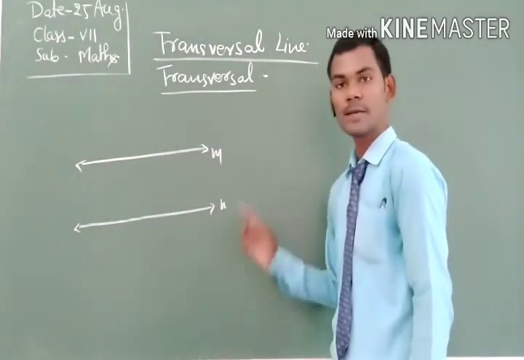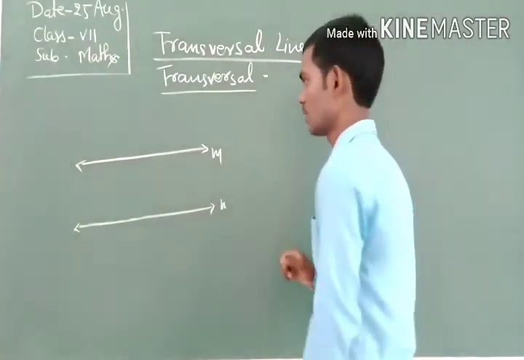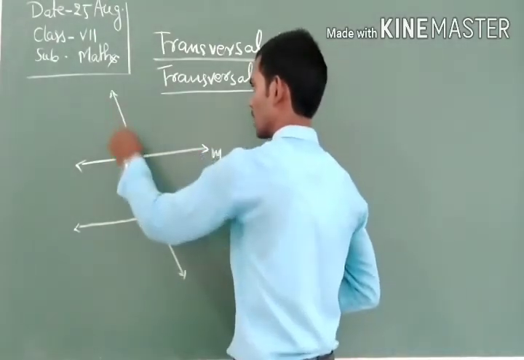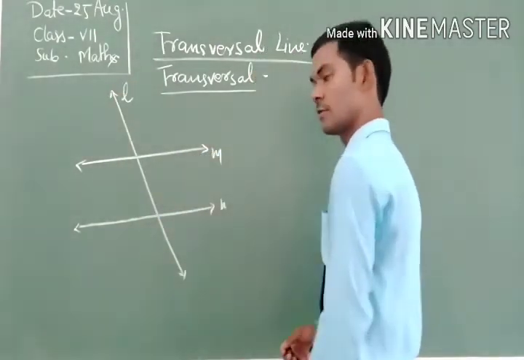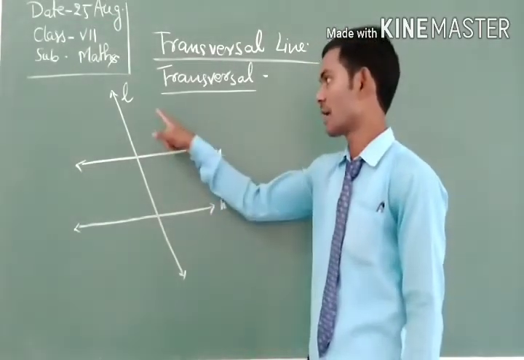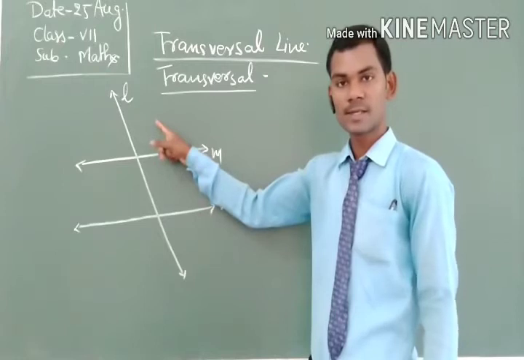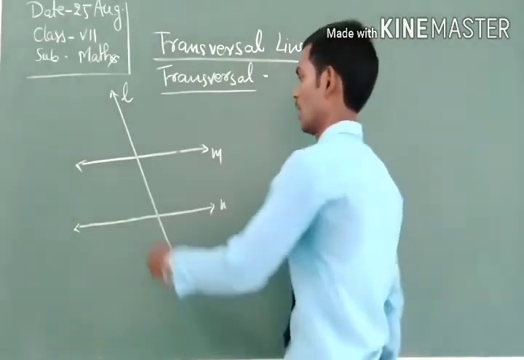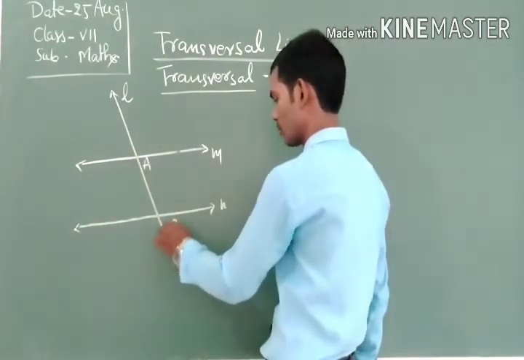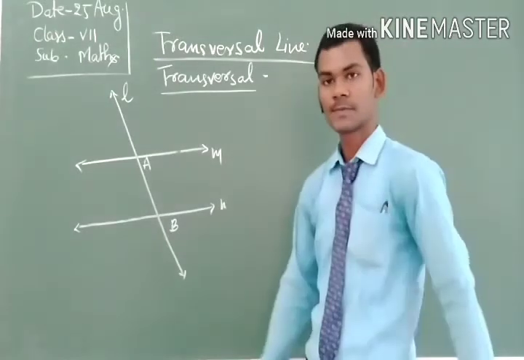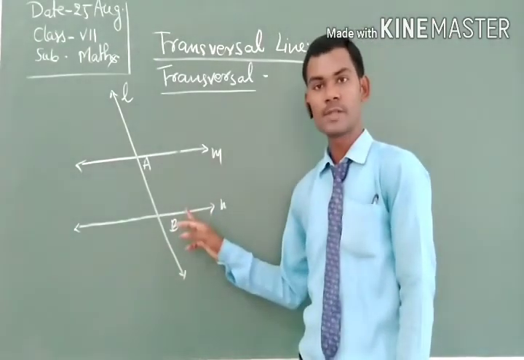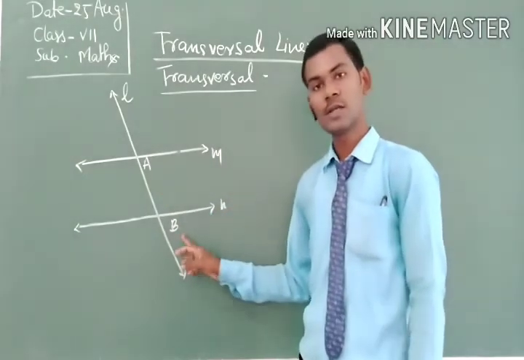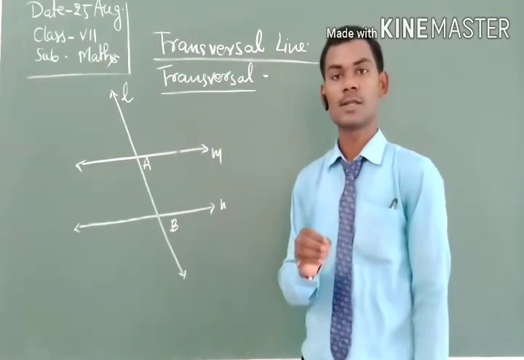There are two lines M and N, and another line which passes across these two lines, that is L. Then we see that the line L intersects these two lines at different points, at the point A and at the point B, so the line L which intersects the lines M and N at the points A and B is known as a transversal line.